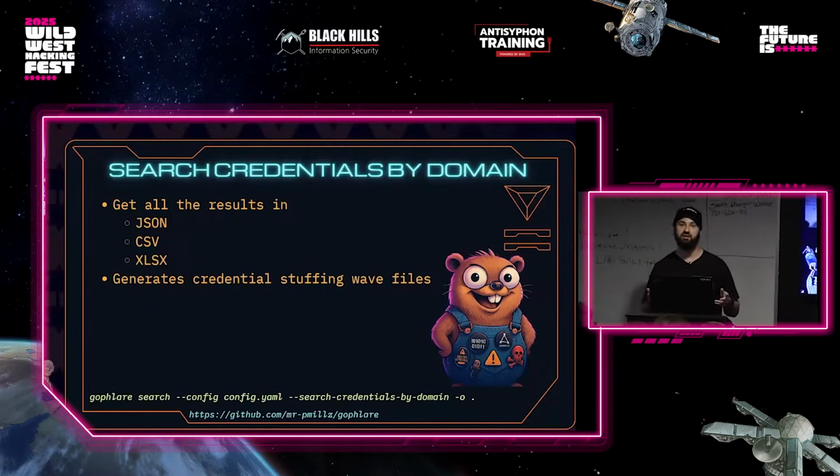So if you're testing example.com, you just give it example.com, and it's going to give you all the passwords and usernames that it found, based on a timeline date that you can specify in the config. All of the key value pairs in the config file are also supported as command line arguments. I really love Go and the Cobra library; it makes it super easy to make a nice, full-featured command line tool.